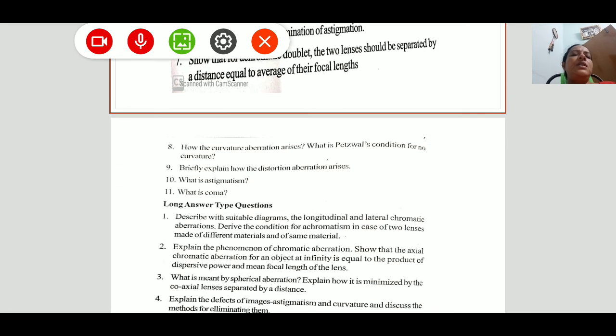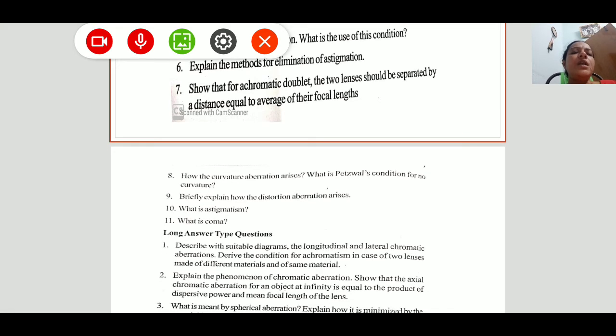Continuation. How does curvature aberration arise? Due to the distances from the center of the lens to the different points in the object changing, this curvature arises. What is the Petzval condition? That is mu1 f1 plus mu2 f2 is equal to 0. Briefly explain how distortion aberration arises.